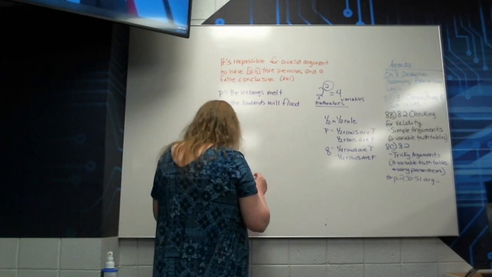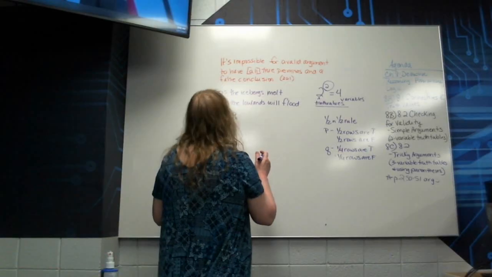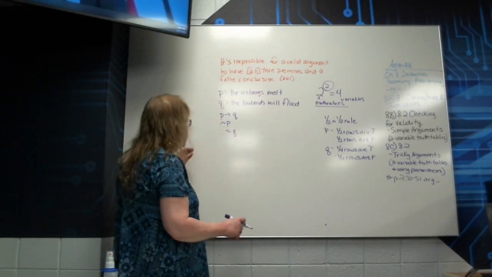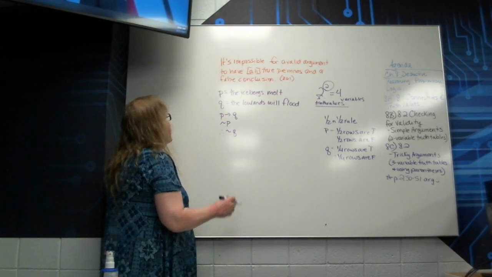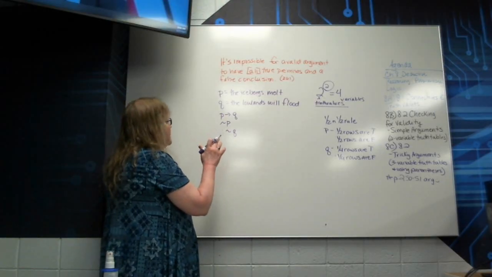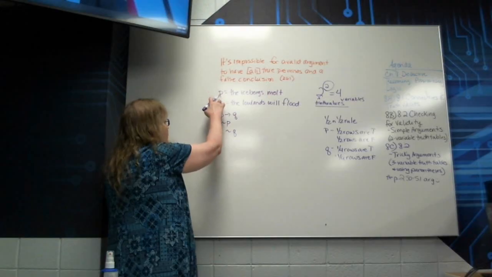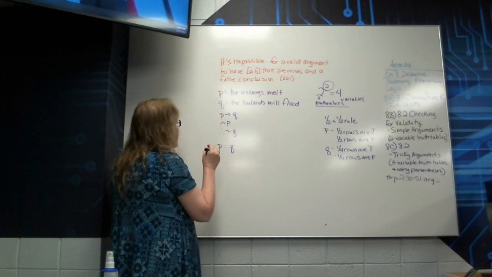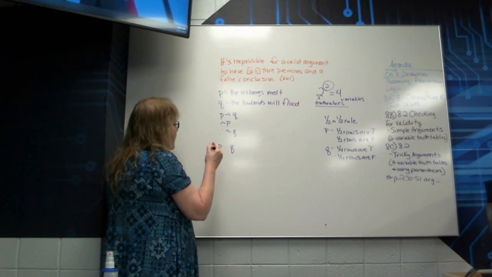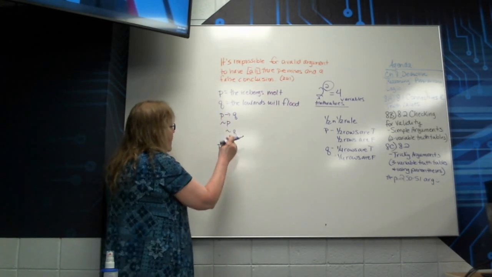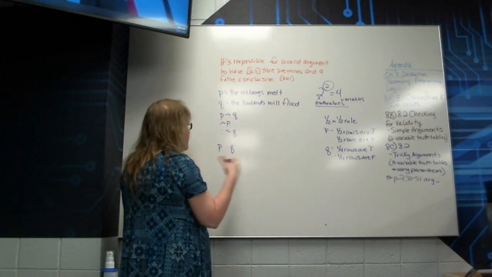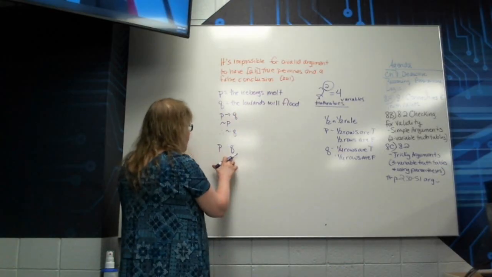So this is the argument's truth table. Now we know, I'm going to try to stand over far enough so you can see this, that we need our two variables because we always start with our variables in a list. And then we look at what else is there. In a simple argument, that's all we need, just our variables.